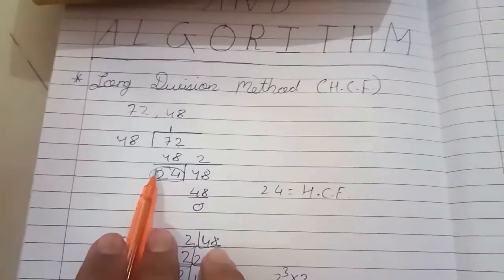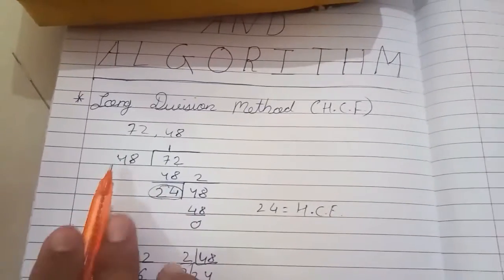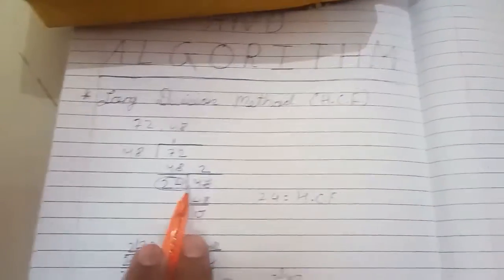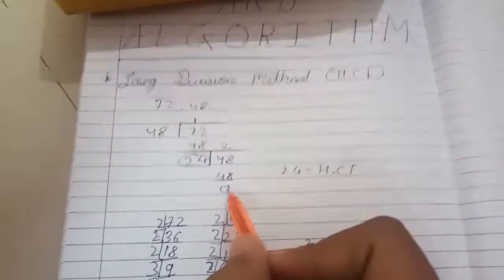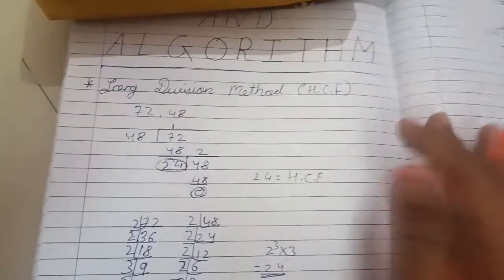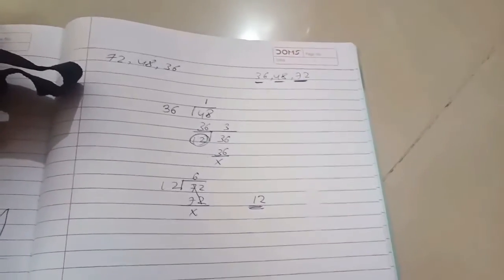Then the remainder at the first stage becomes the divisor and the first divisor becomes the dividend. At the stage when the remainder comes 0, that divisor is your HCF. I'm making you learn this because it would help in understanding Euclid's division algorithm.